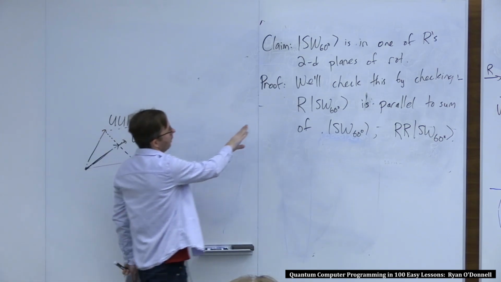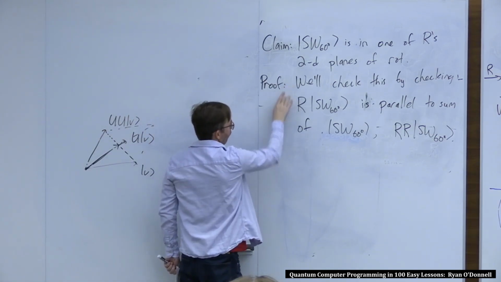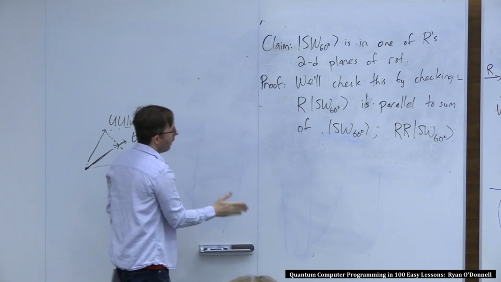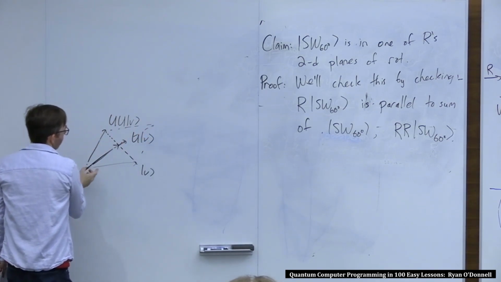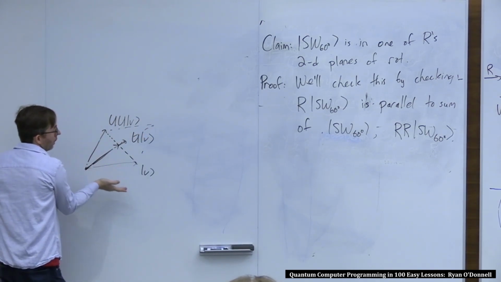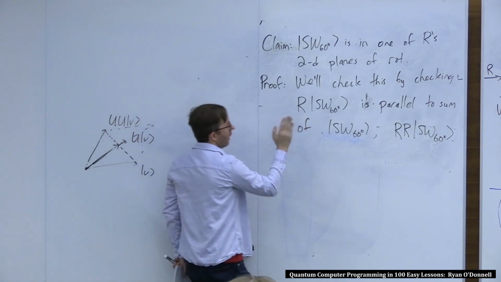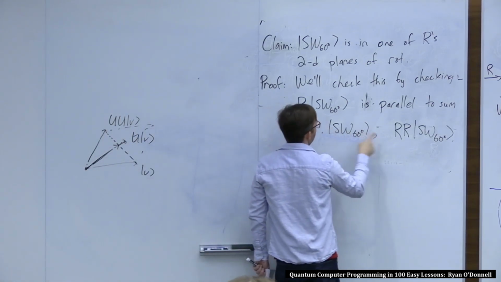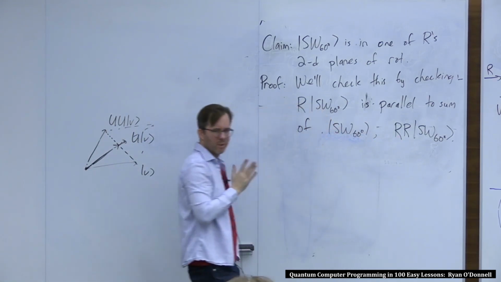Okay, so I hope you agree, and you can ask if you like. If we can do this, that does indeed verify that when you repeatedly apply R to the state, you're always staying in the span of these two vectors. This is like a homework problem.